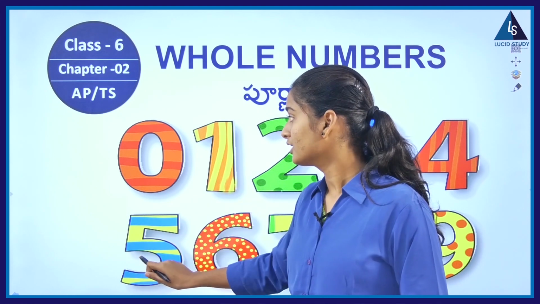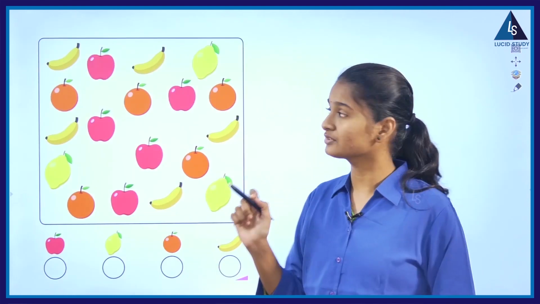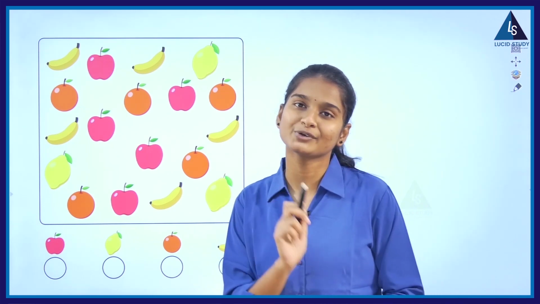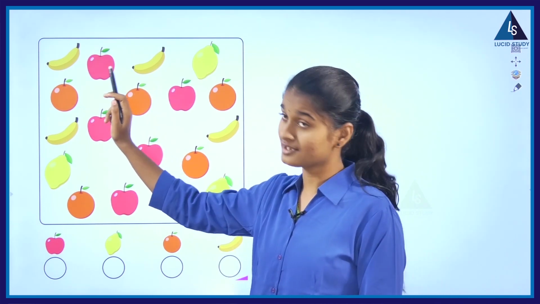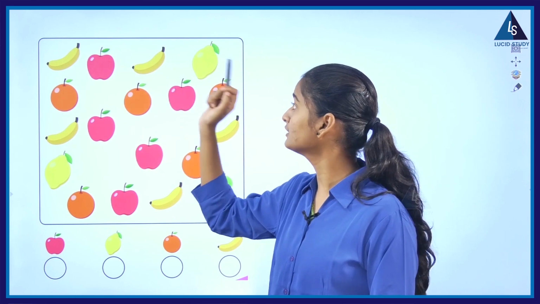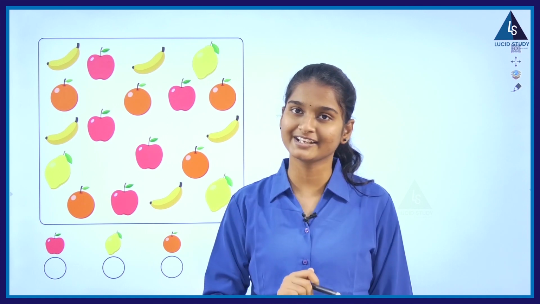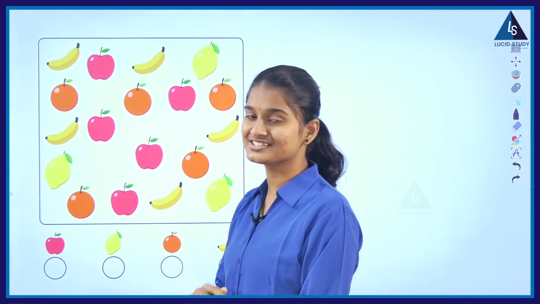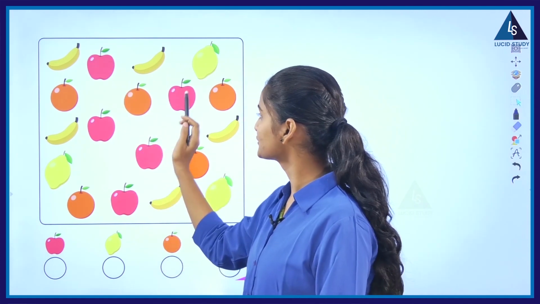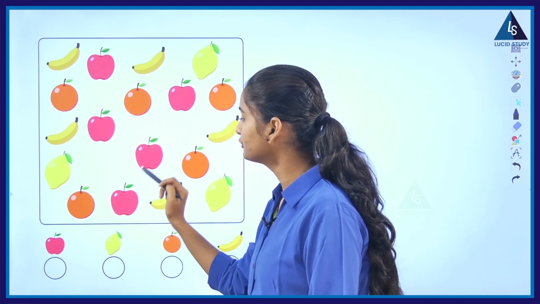Now we will use these numbers to count. Children, here you can see there is a banana, apple, banana, apple. Let us count the total number of apples here. As you can see, 1, 2, 3, 4, 5.